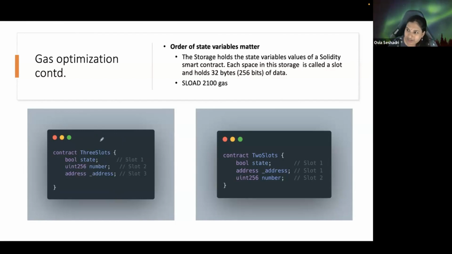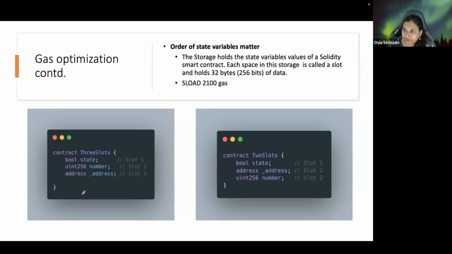So while going in order of storing them, it will put the bool in the first slot, and then it cannot fit the number in the first slot because it takes 1 byte, and this value takes 32 bytes. So it will create a new slot for it and add the number over here. And since slot 2 is also filled, when the third variable comes, it will take another slot and add it over here. So we're using 3 storage slots when we're deploying this contract.